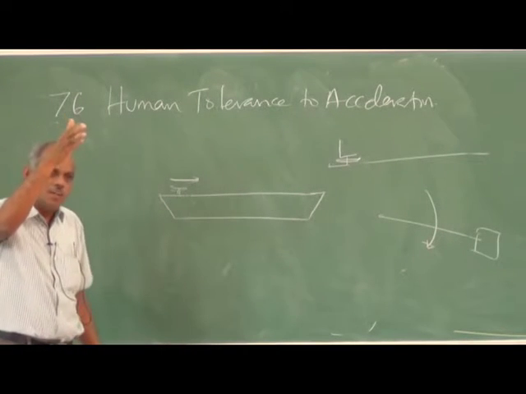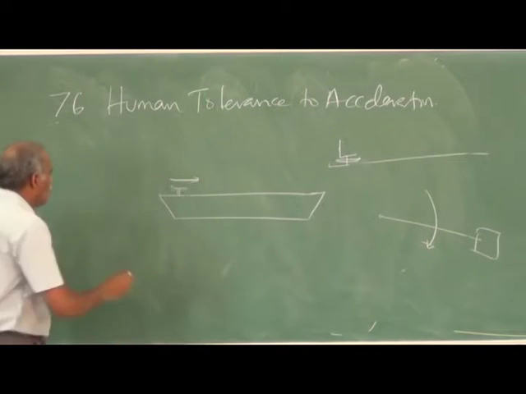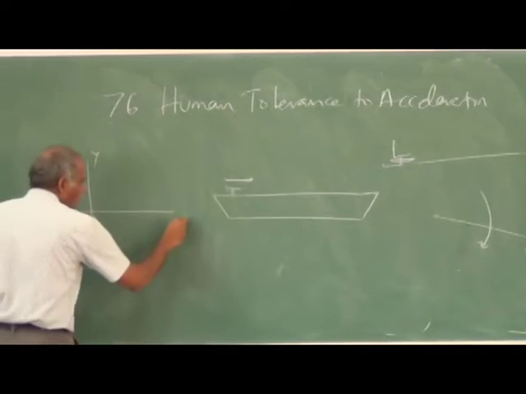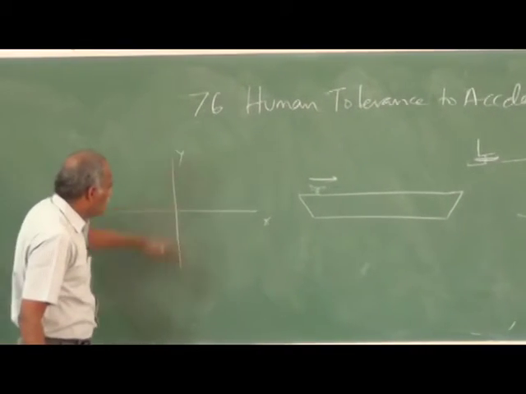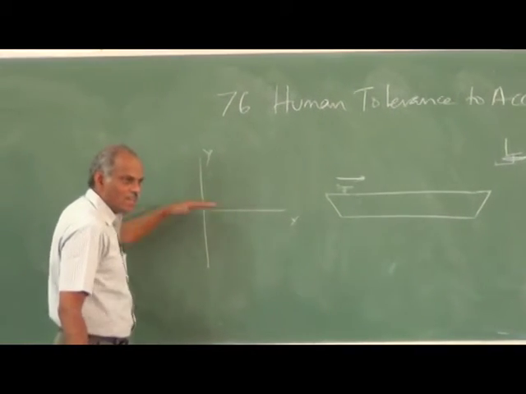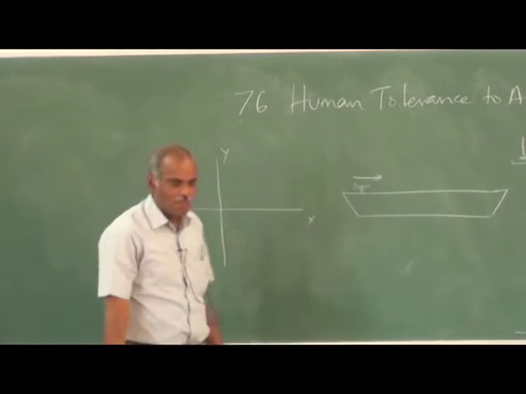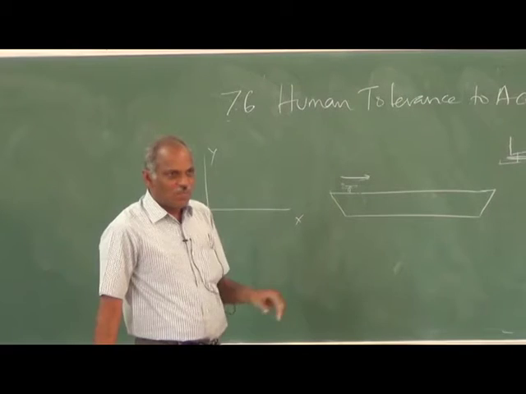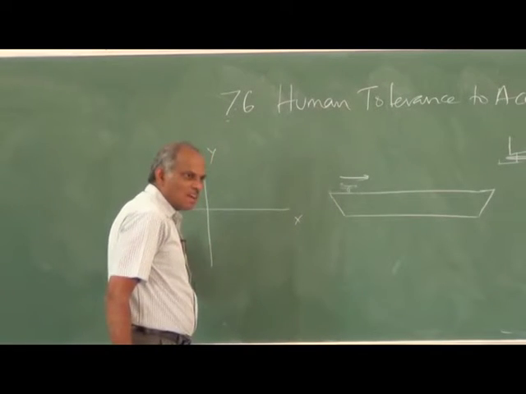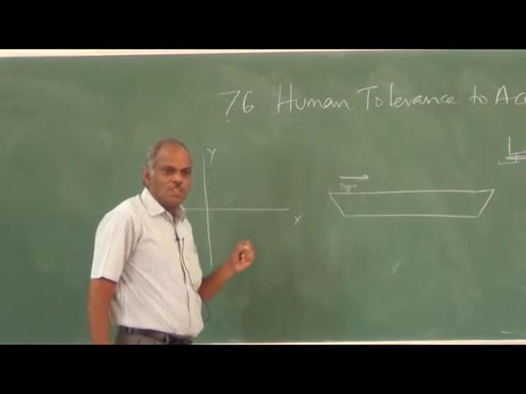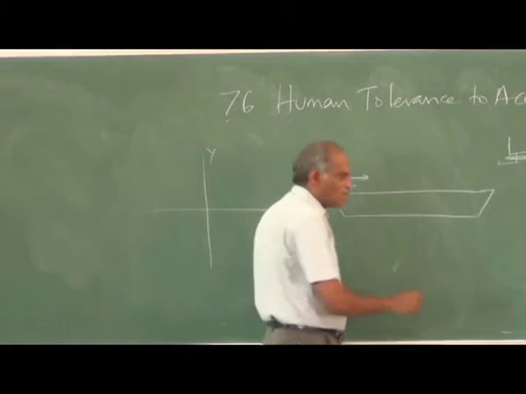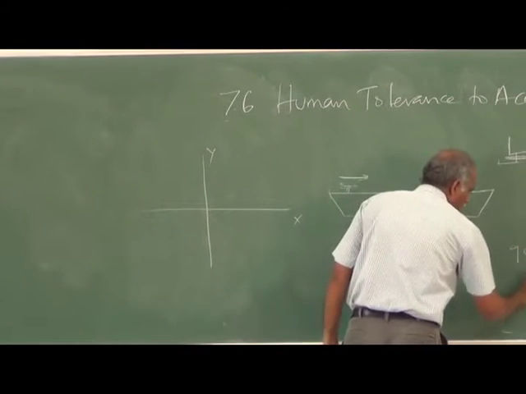By doing these acceleration tests, they have a report which says what the maximum limit of human tolerance is in various directions. You can subject him at a vertical level and a horizontal level. In general, if we don't go into the extremes of detail, the maximum acceleration a human being can be subjected to is 9 times g.